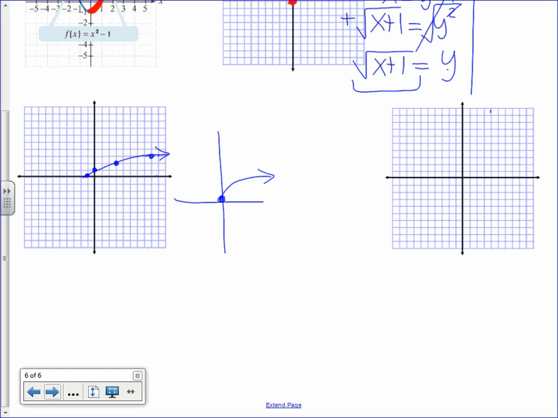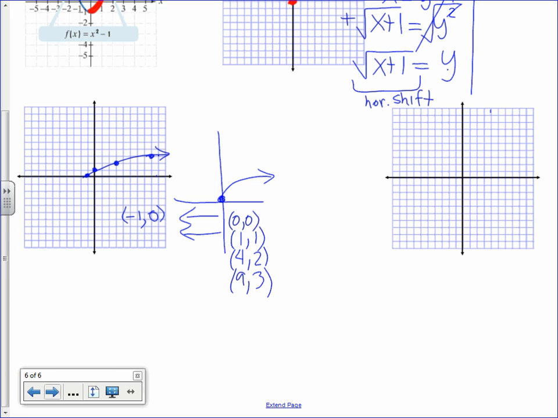So this function had the points 0, 0, 1, 1, 4, 2, and 9, 3. But since we're talking about a horizontal shift, 1 unit to the left, those points became -1, 0, right?